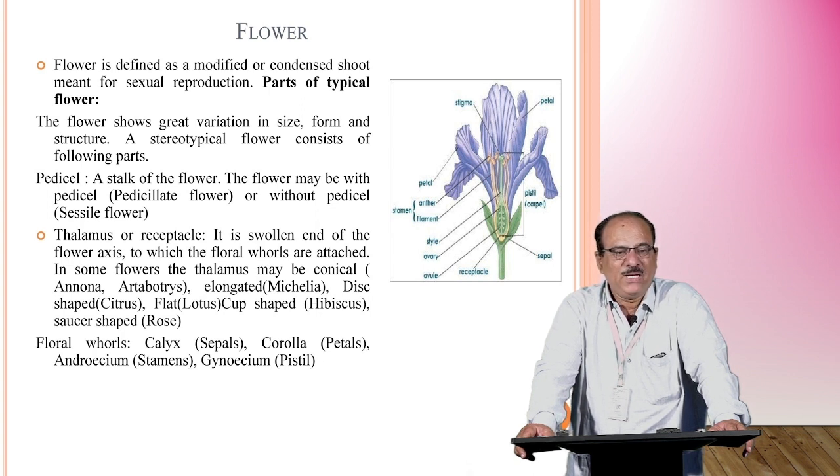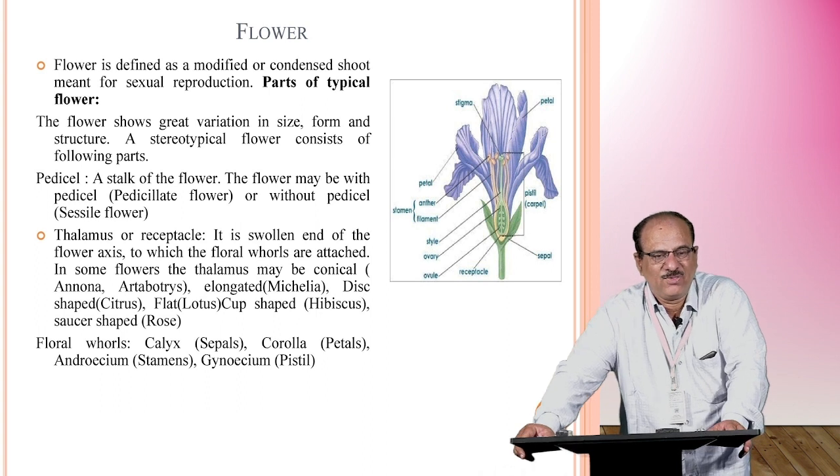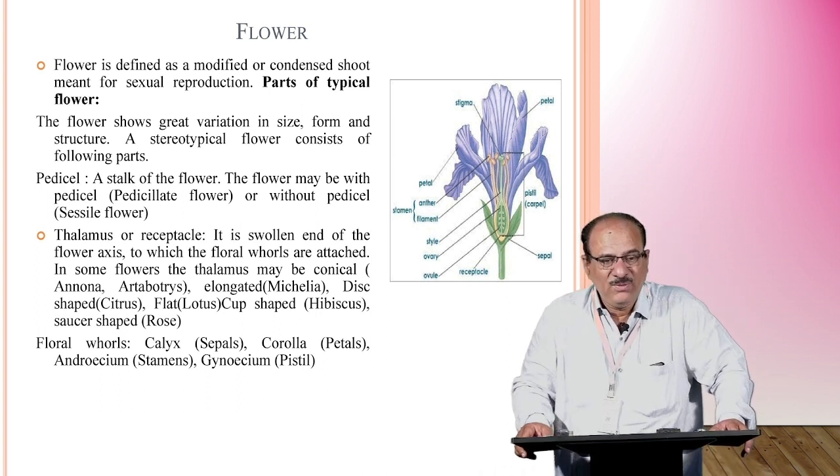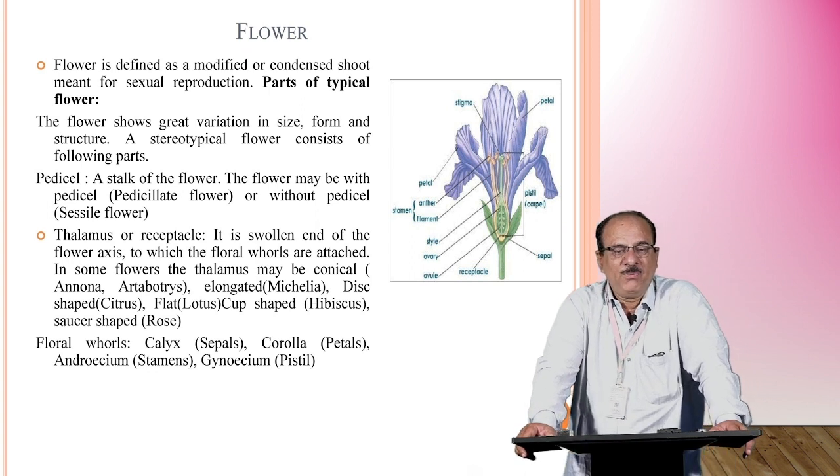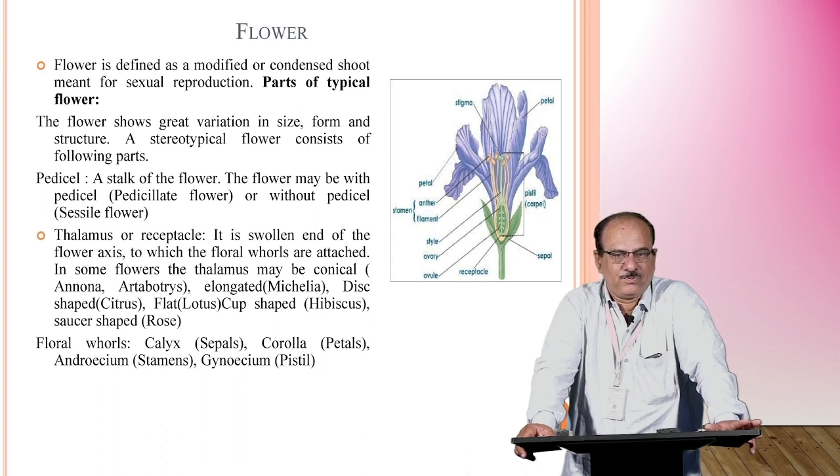Either it may be conical, as in case of family Annonaceae, or it may be elongated as in case of Michelia, or it may be disc-shaped as in all the citrus fruits, or it may be flat as in case of the lotus, or it may be cup-shaped as in hibiscus, or saucer-shaped as in case of rose.